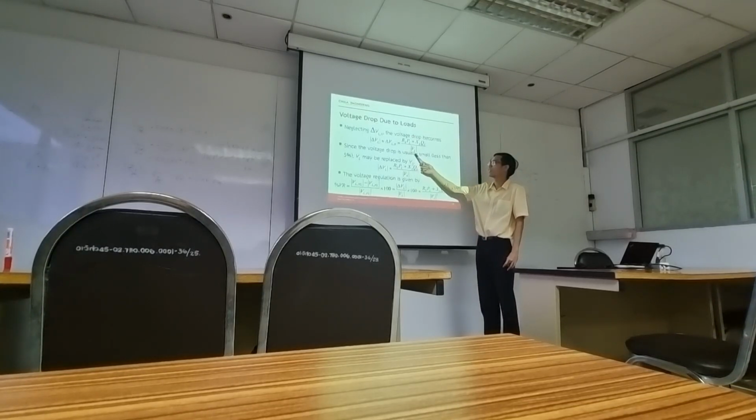Sometimes, if you can say that VL and VS may be approximately the same, replace this VL by VS. We can do that maybe, but this is just an approximation, so the result may not be so accurate.